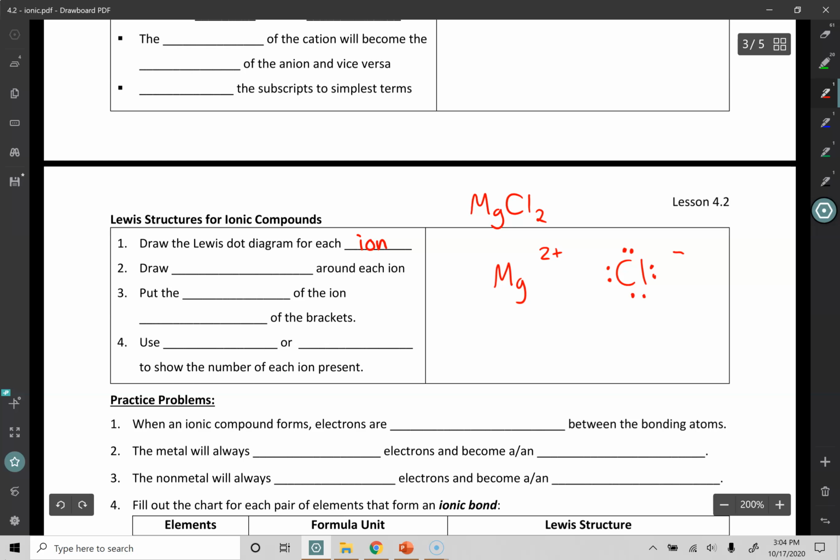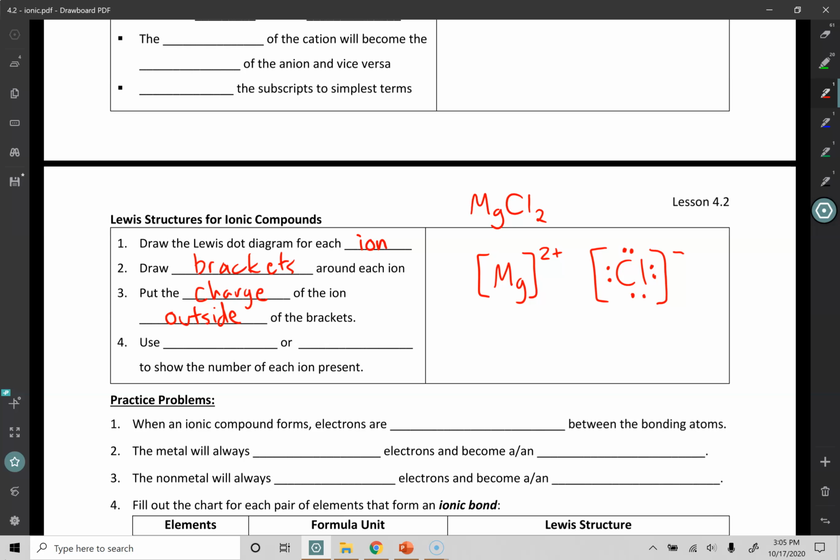So there are ions. I'm going to draw brackets around each ion. I'm going to keep the charge of the ion outside of the brackets. You can see we did that here. The 2+ and the - charge, they're outside of those square brackets.